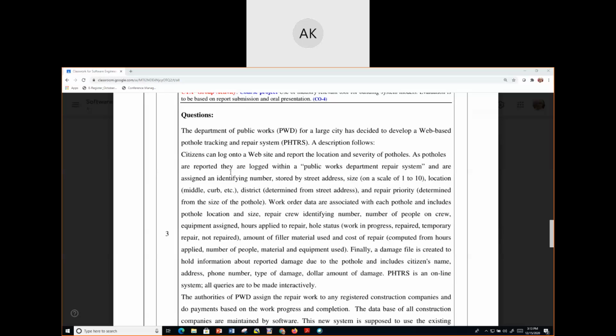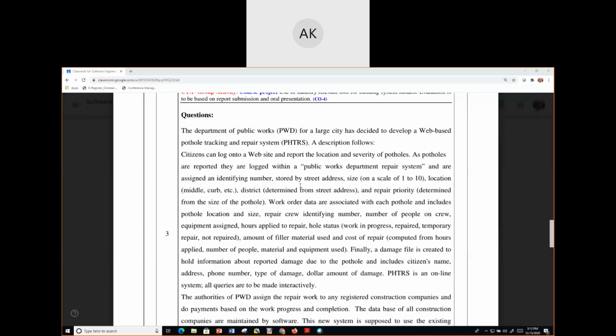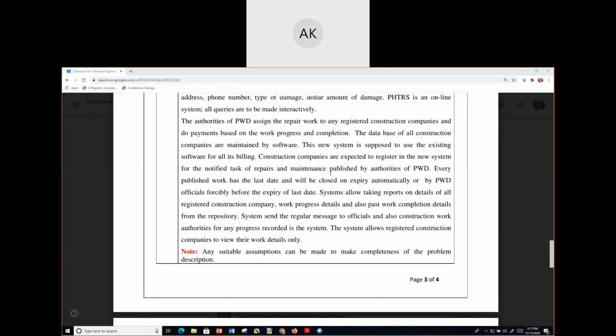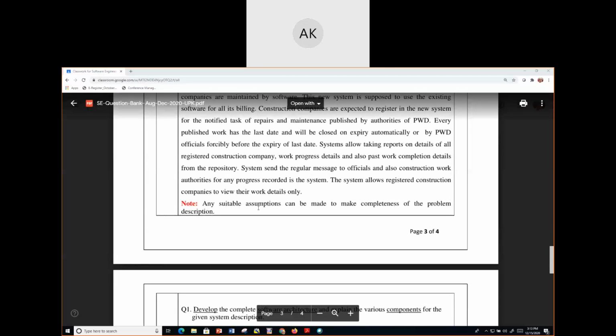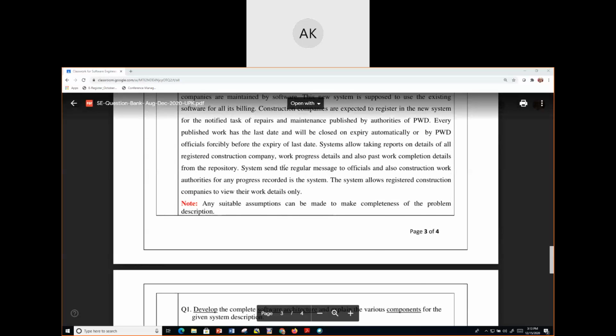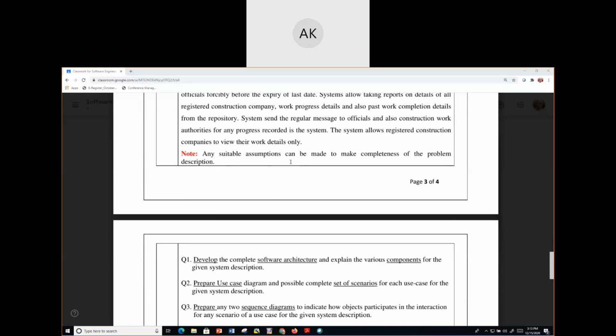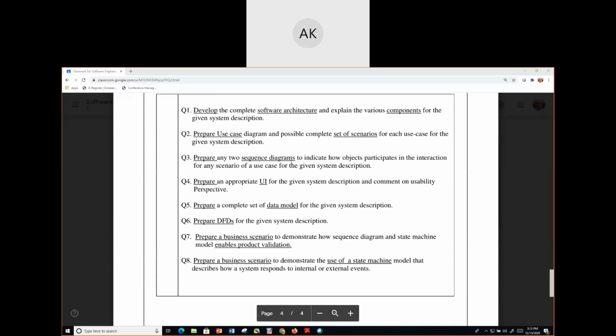As potholes are reported, they are logged within the public works department repair system and are assigned an identifying number stored by street address, size, etc. Description goes on. And note, any suitable assumption can be made to make the problem description complete. If anything is missing, you can assume, write the assumption, and accordingly answer any of the questions.